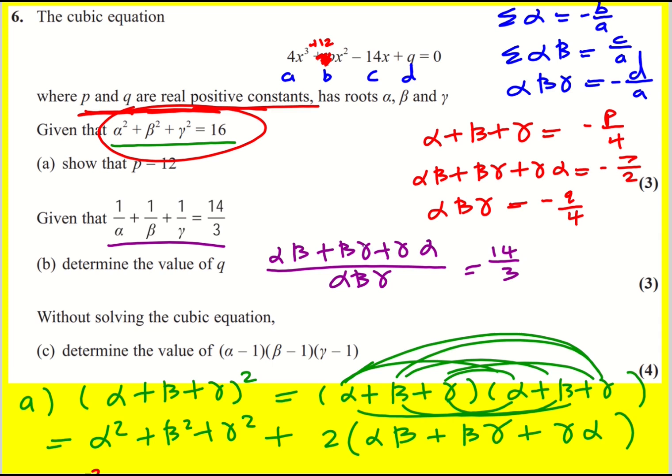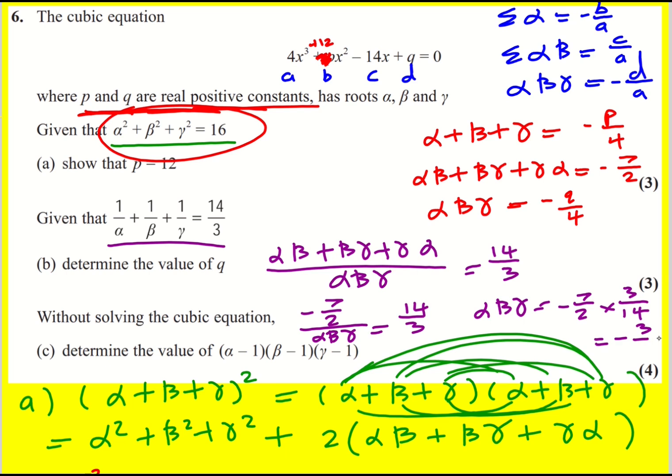Well, I know what the top is, of course, because we've already used it once. It's minus 7 over 2. So I'm going to get minus 7 over 2 over alpha beta gamma is equal to 14 over 3, which means alpha beta gamma is going to be minus 7 over 2 divided by 14 over 3, or times by 3 over 14. And that ends up being minus 3 over 4.